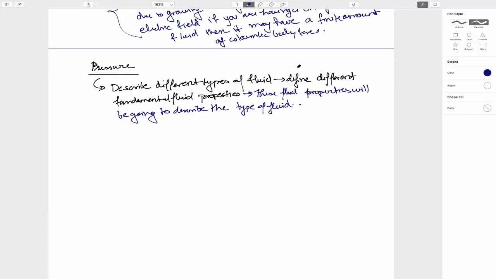Before going to those details, I would like to discuss the fluid properties.